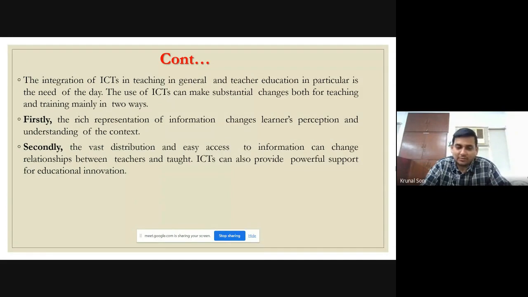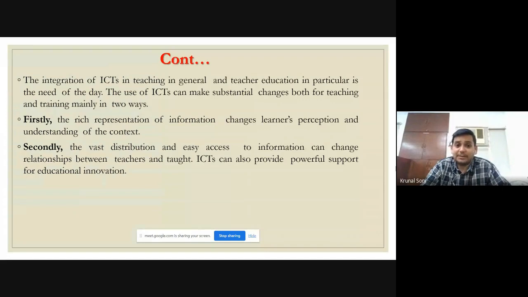And have interaction with that person, have a discussion on the topic, have content sharing of the topic, and gain knowledge from the person. And finally, we are in this faculty development program where we are having knowledge sharing from each other, right? So this is possible through the effective utilization of information and communication technology in the teaching learning process.